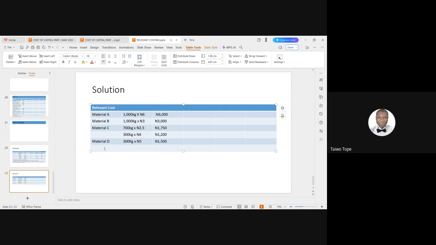In total, what would be the relevant cost? The relevant cost in total will be what? 13,050 naira.